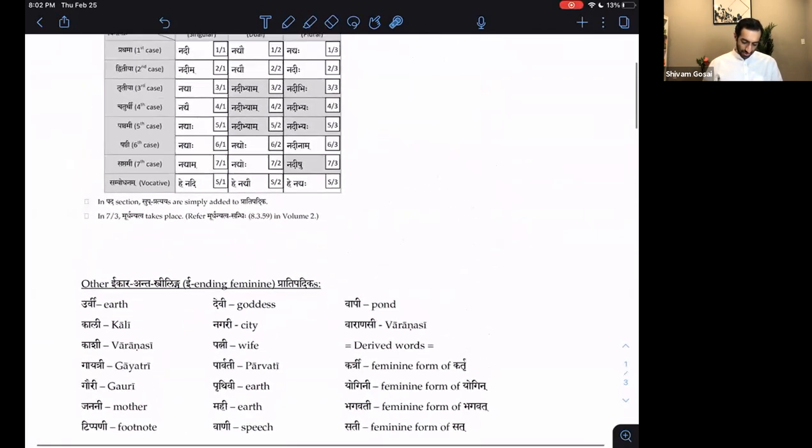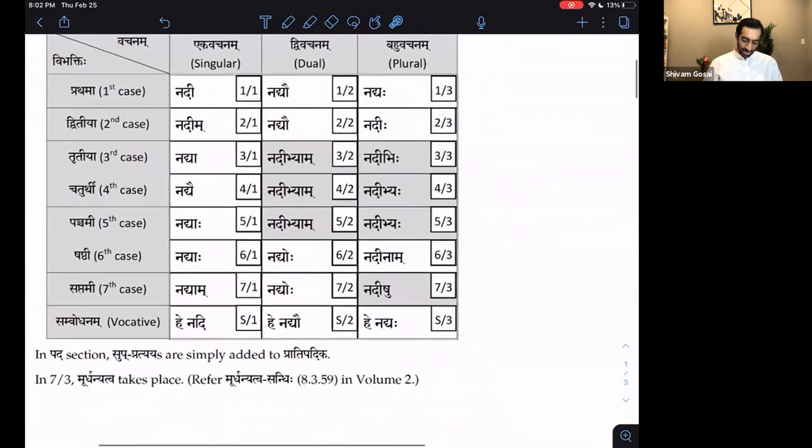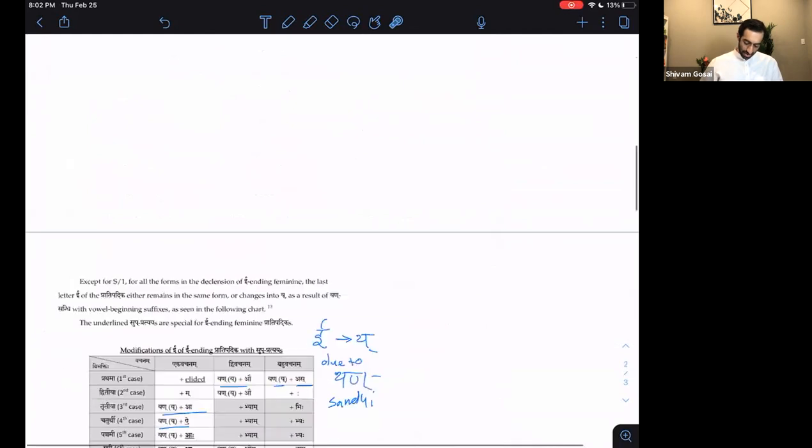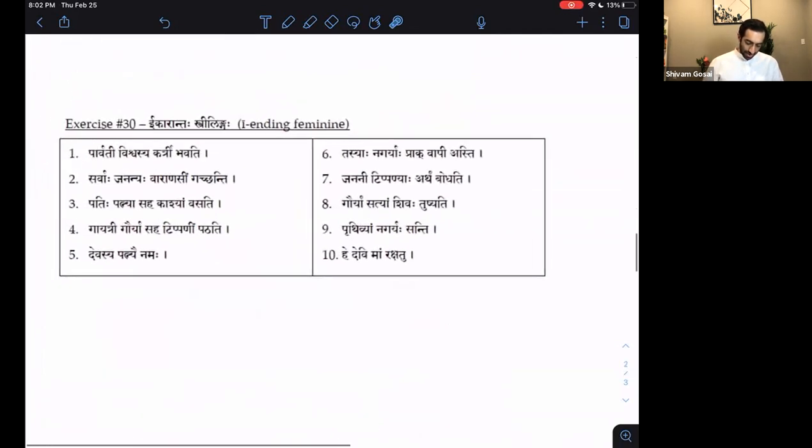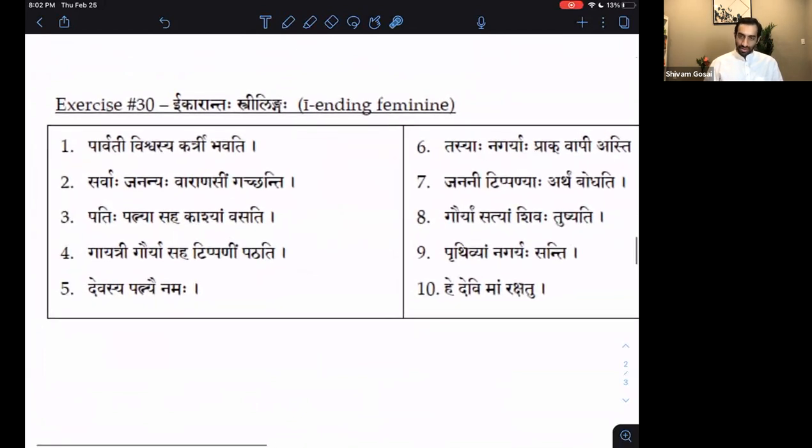So when we say jananyaha, that's actually this 1-3, just like nadyaha. So sarvaha jananyaha varanasim gachanti. Sarvaha jananyaha, all the mothers, gachanti, go to varanasim, 2-1.